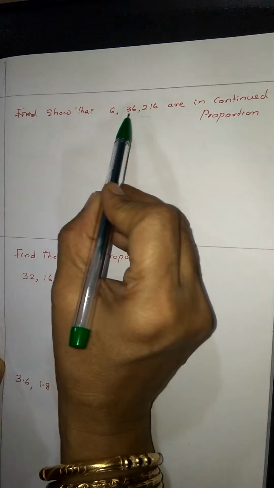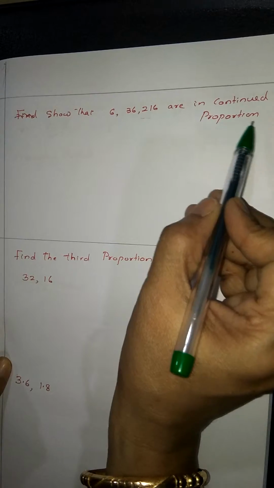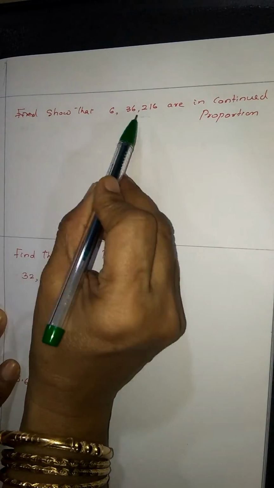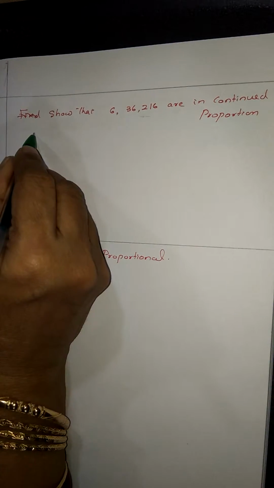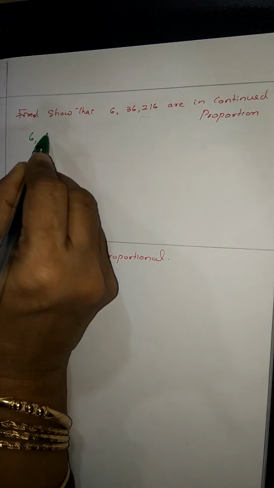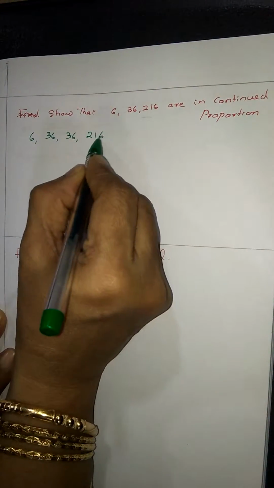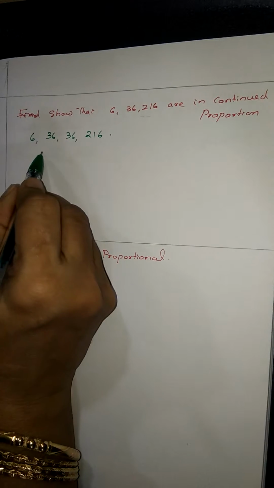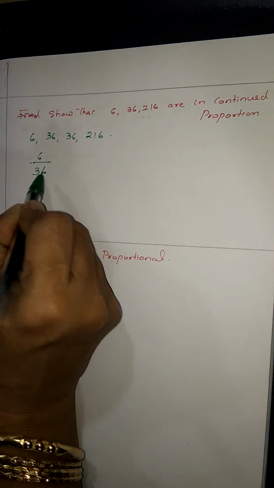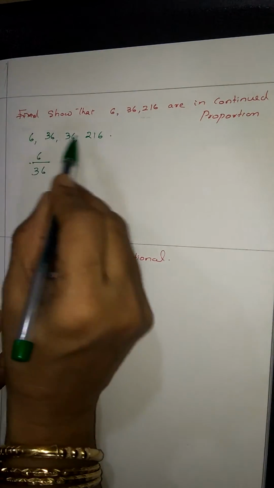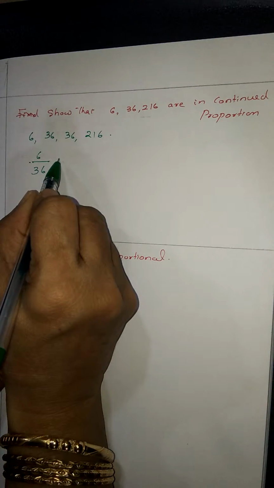Show that 6, 36 and 216 are in continued proportion. So if it is continued proportion, we have to write this as 6, 36, 36 and 216. We have to check whether this is in proportion or not.